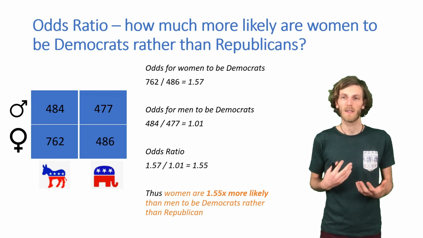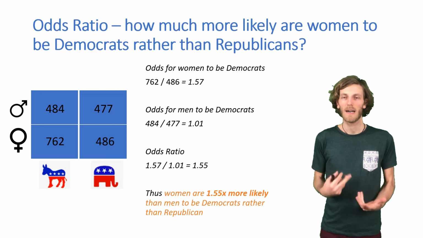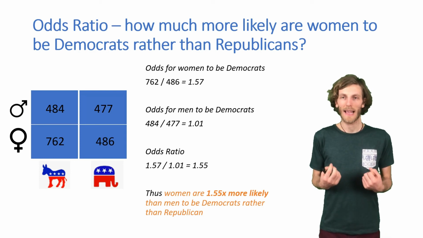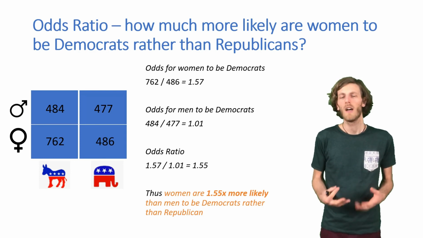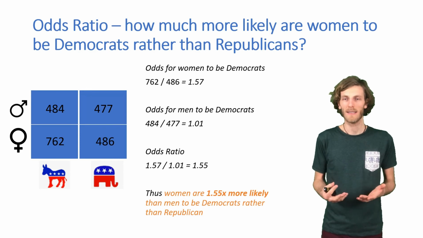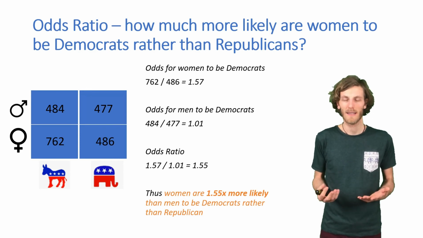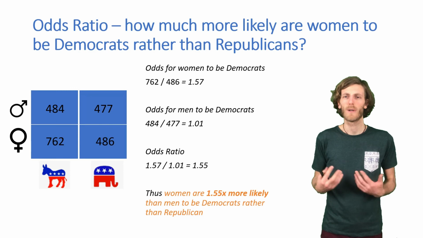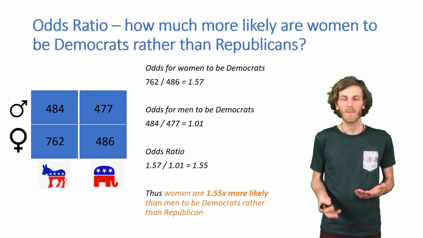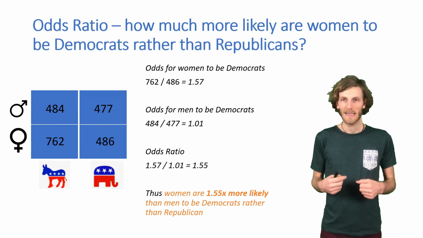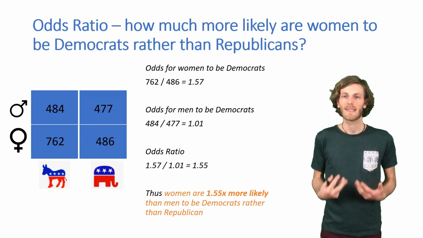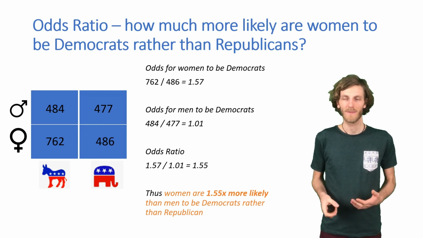So these odds ratios are something that has a very intuitive meaning. Of course, there are packages to calculate it. You don't need to do it by hand. It's quite straightforward to actually do it by hand. And at least you should understand where the figures come from.